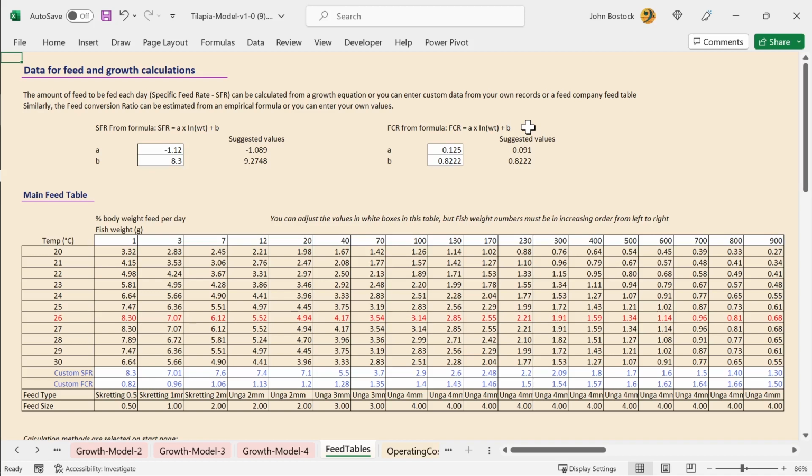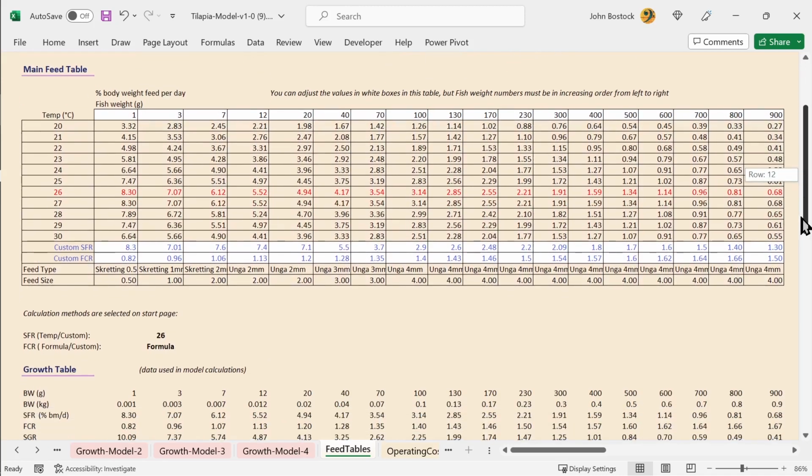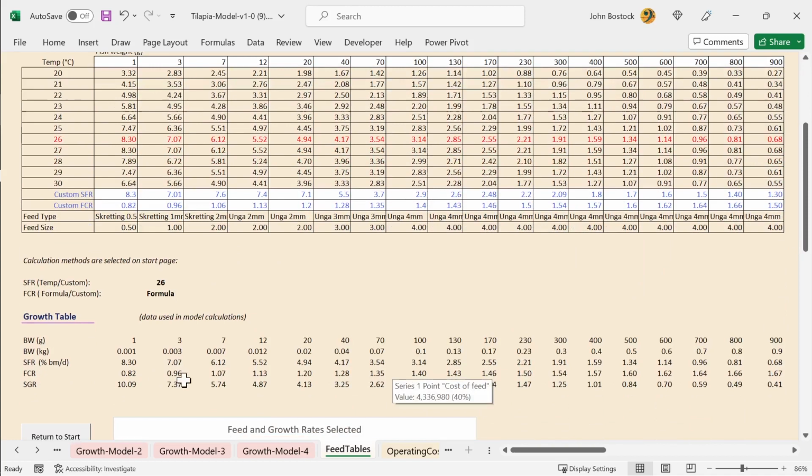However, you can adjust these figures to fit your data where that is available. The results are displayed in the growth table, where you can see the FCR value gradually increasing with average fish weight. Alternatively, you can select Table on the 0-Start Here sheet and enter FCR values directly into the feed table on the custom FCR row, e.g. based on your own measurements.